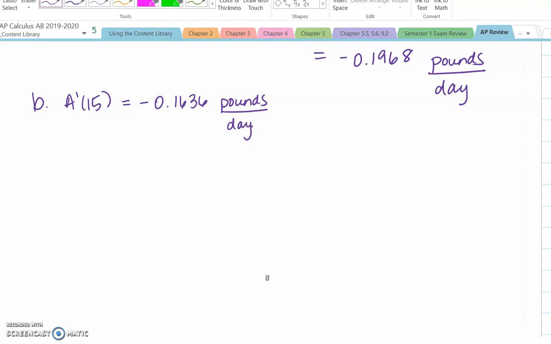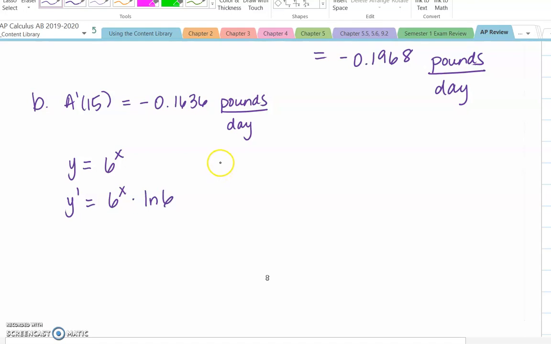I also want to go back to how you could do this by hand because that's the calculator way. This is an exponential function. And remember that an exponential function, I'm going to go to a basic example here. If it's y equals 6 to the x, y prime is itself times the natural log of 6.